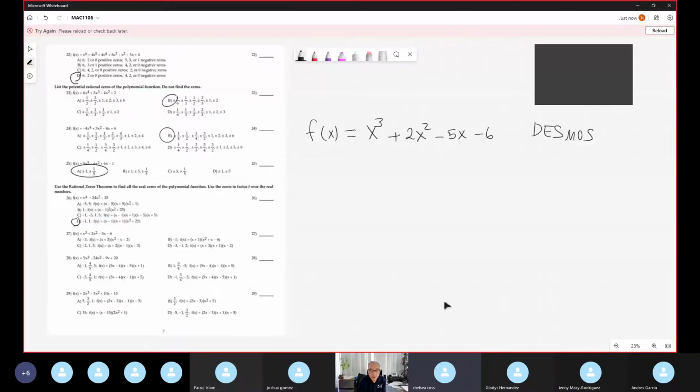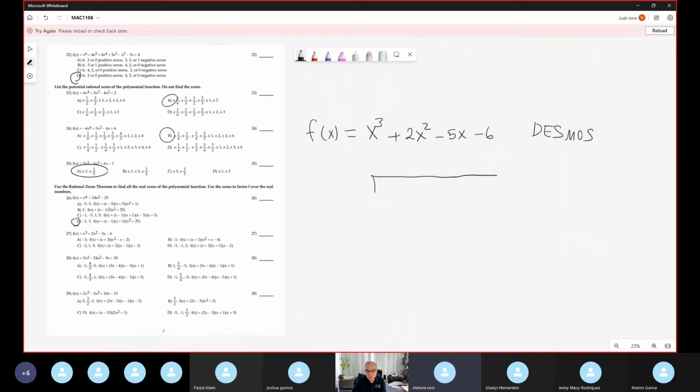Okay, and on the whiteboard, suppose that you see now, we prove mathematically using synthetic division. Okay, let me copy the format for the synthetic division, which is 1, 2, negative 5, negative 6. Okay, and you try positive 2, or negative 1, or negative 3. The order is not important.